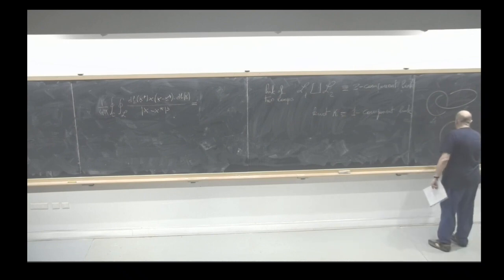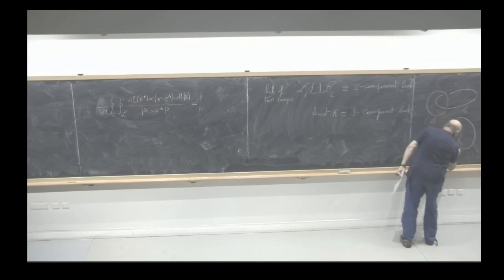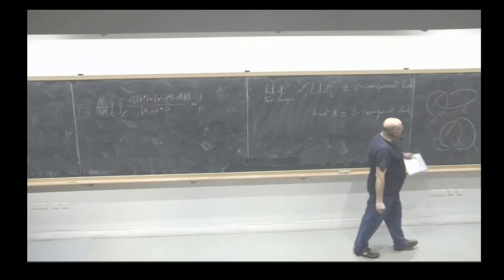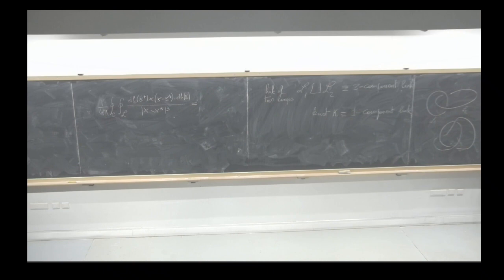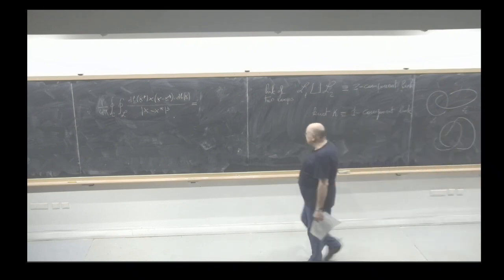For example, this is the trefoil knot, a single curve in space, and it cannot be reduced through diffeomorphism to this loop, which is very often called the unknot. So it's not homeomorphic to the unknot.